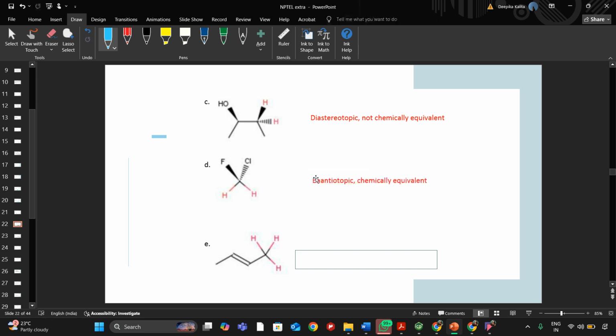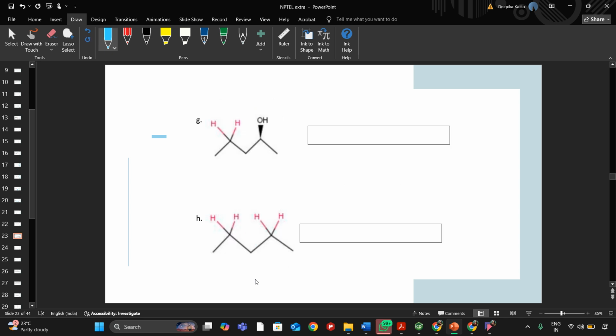For the next question as well, these two are chemically equivalent, but they are enantiotopic. For the next one, these are homotopic and they are chemically equivalent. For this one again, these two will be diastereotopic because one of these two will be on the same side of the hydroxyl group, whereas the other one is going to be on the opposite side of the hydroxyl group.